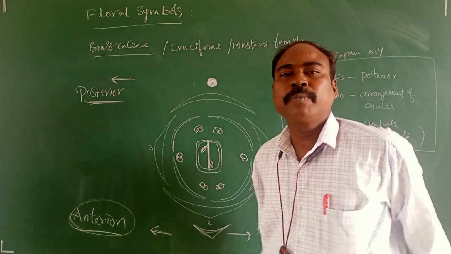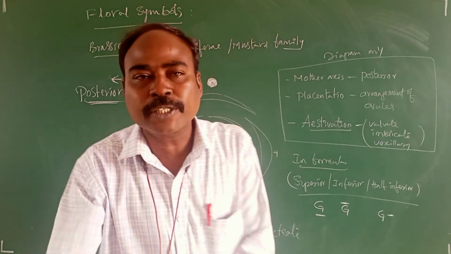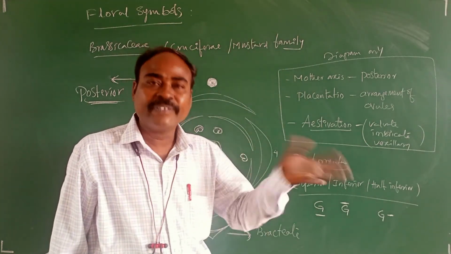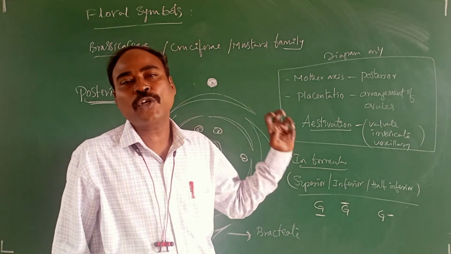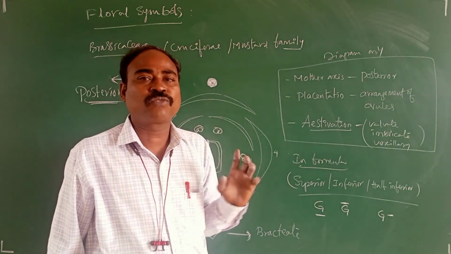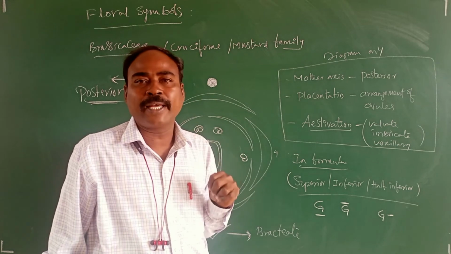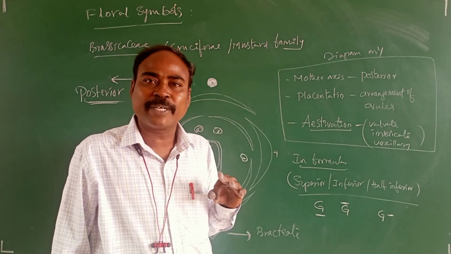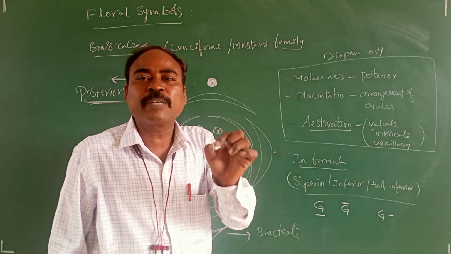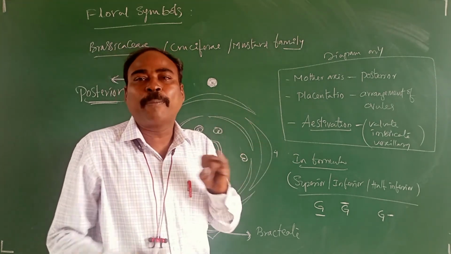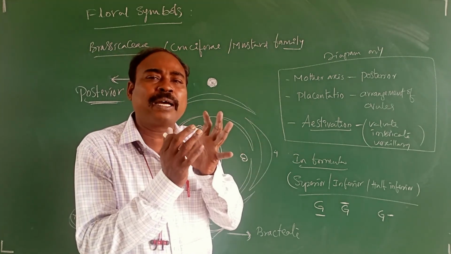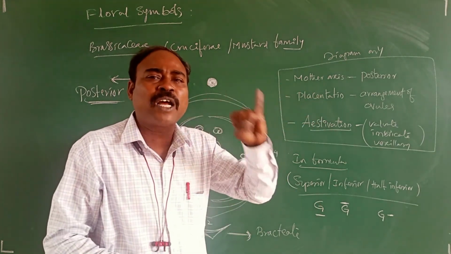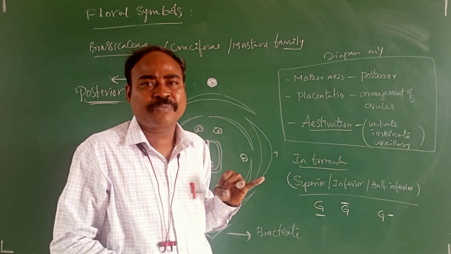Some more characteristic features and important points are revealed through the explanation of the families. There are four families. Out of four, three are very important for our NEET examination, with a small description of Brassicaceae. Brassicaceae is not described as a family in our syllabus, but the formula and diagram are given.